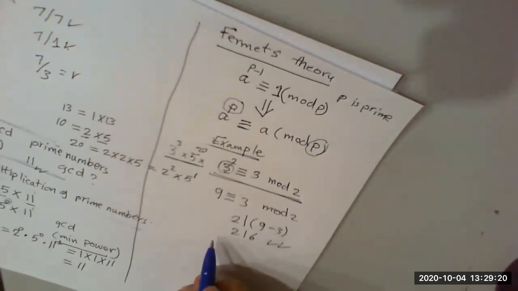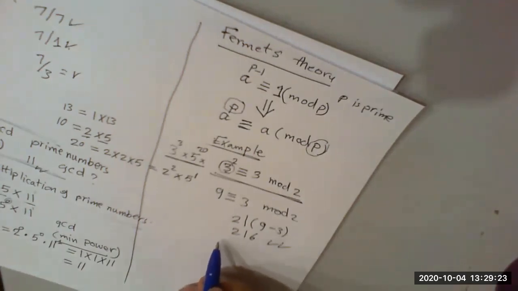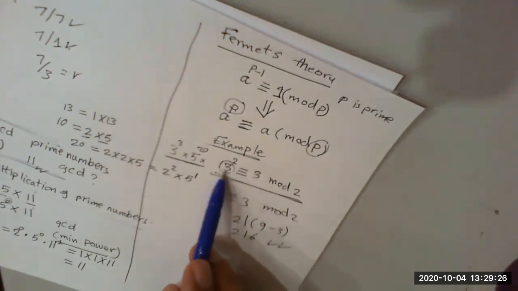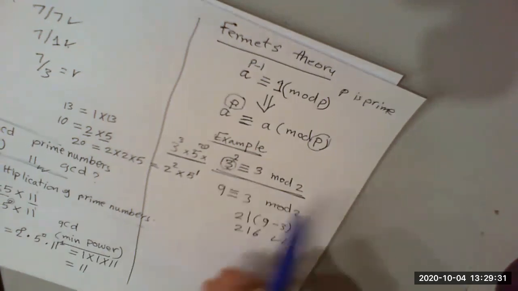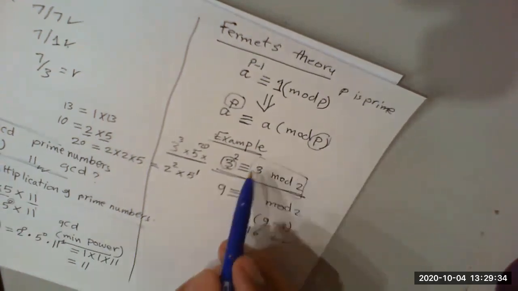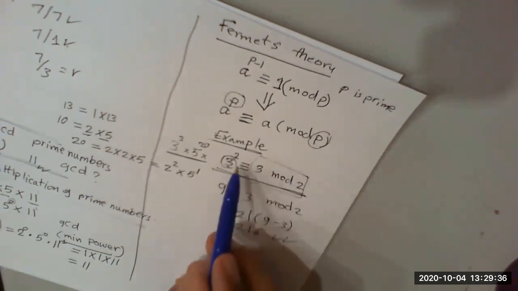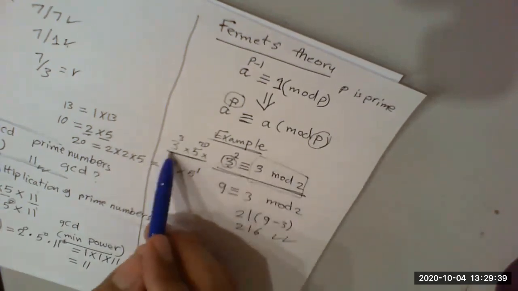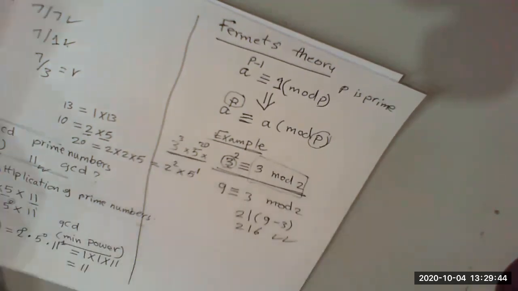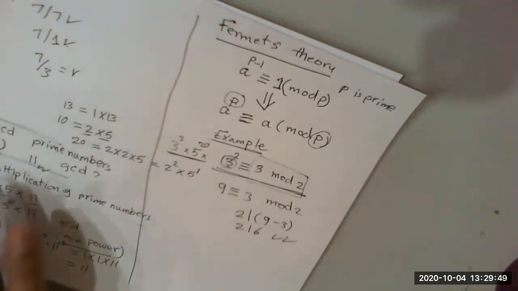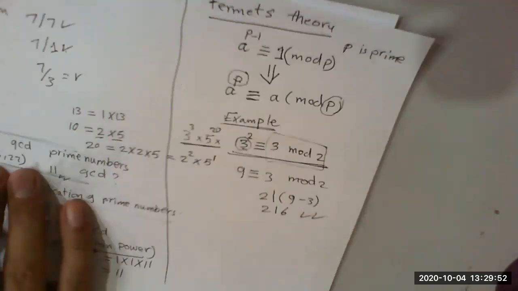Okay, so for now you understand Fermat's theory: using the power like that to simplify the calculations, a simplified form of exponents. Doctor, you wrote first a to the power p minus 1, and here we have 2 and mod 2.